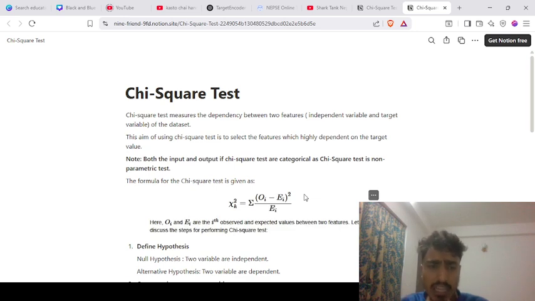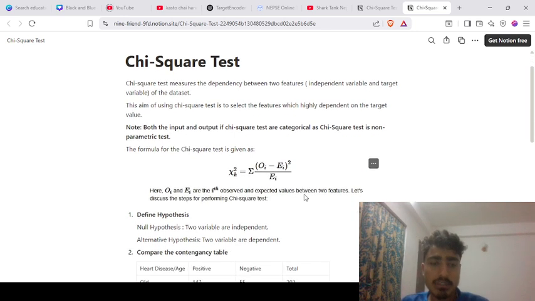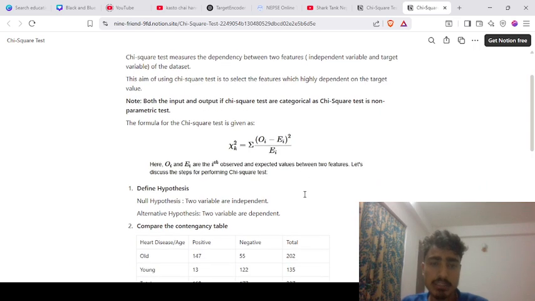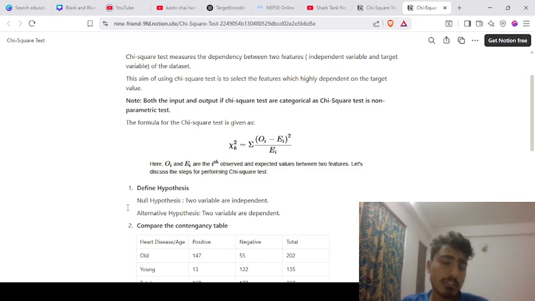Below that line we have the formula to calculate the chi-square value: the summation of the squared difference of observed minus expected frequency, divided by the expected frequency. The notation is given below this formula. We're gonna implement all this in the notebook using Python.